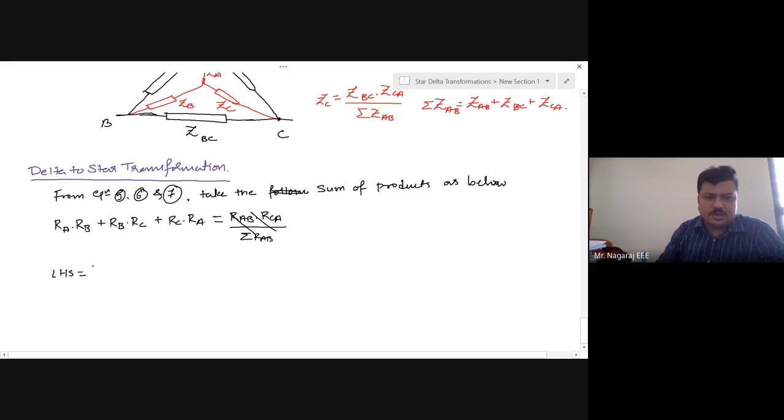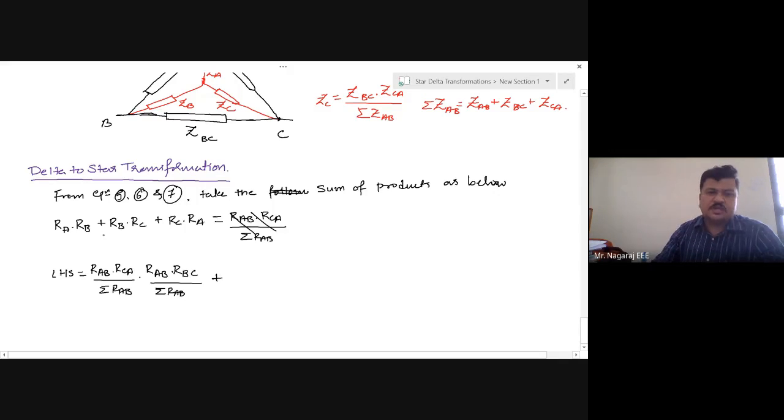RA is RAB into RCA divided by summation RAB, into RB, which is RAB into RBC divided by summation RAB. This is the first term.